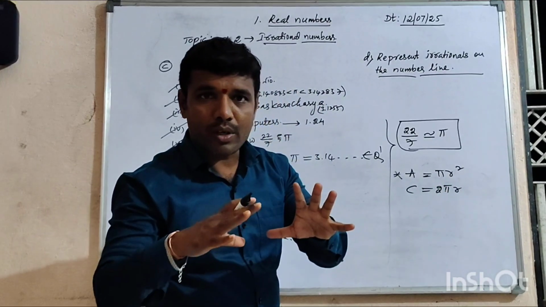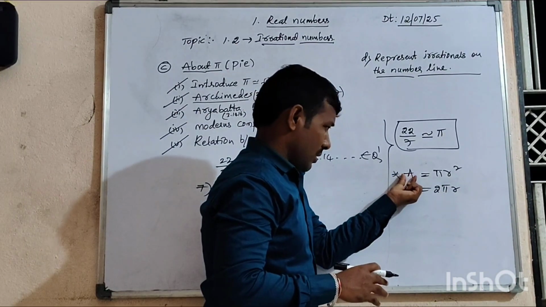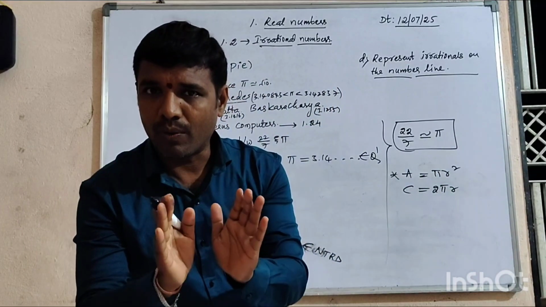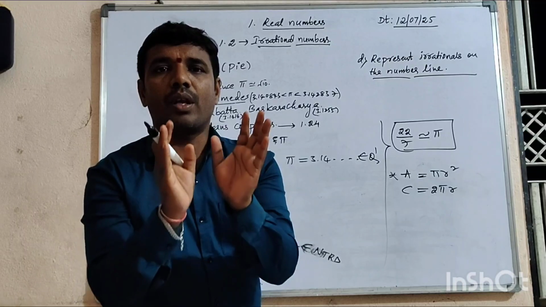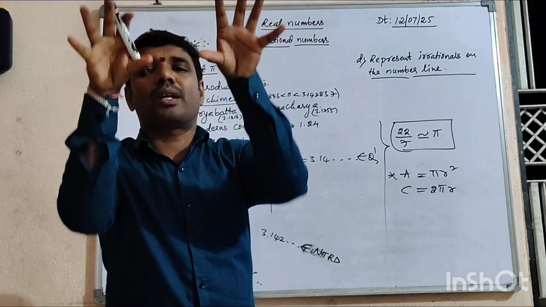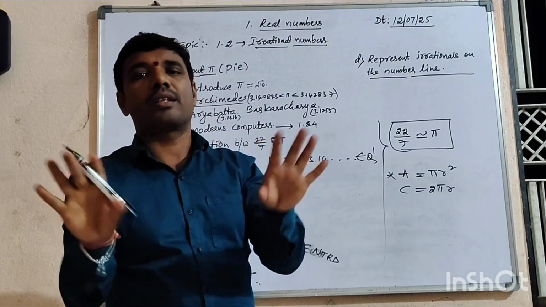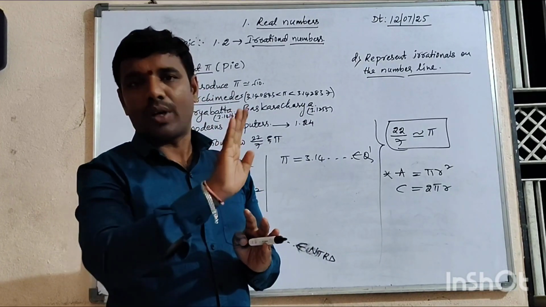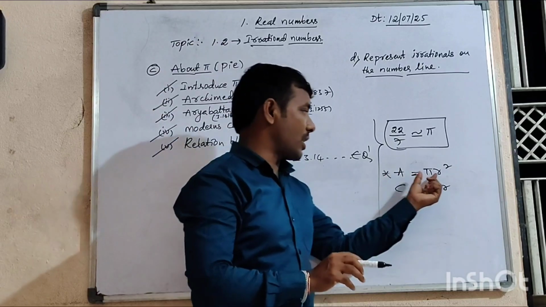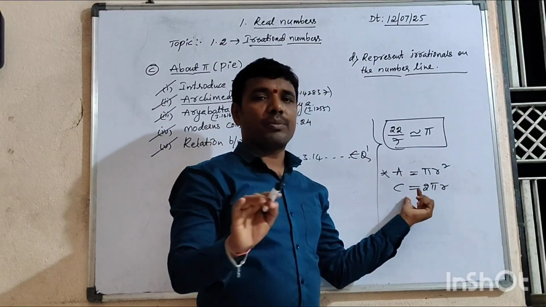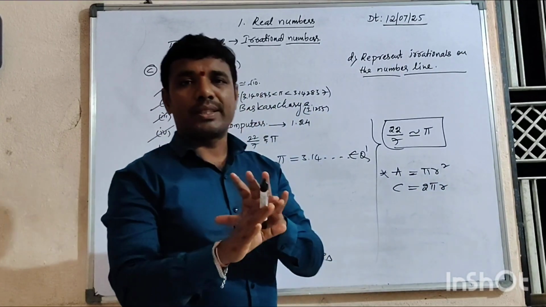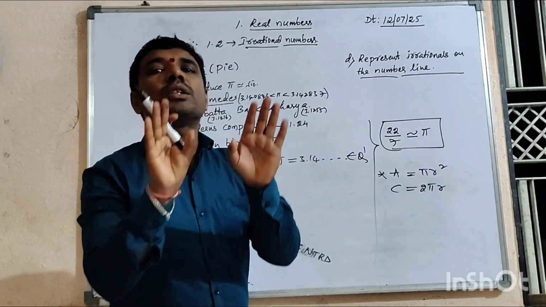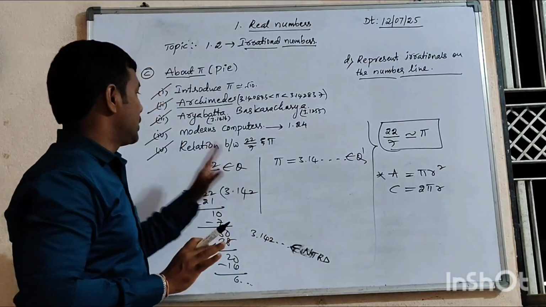It is not the exact figure. So the area and circumference of the circle are not perfect answers. They are very nearest to the exact answer, but not exactly the result. We cannot find the exact answer, but there is a chance to get the nearest figure.